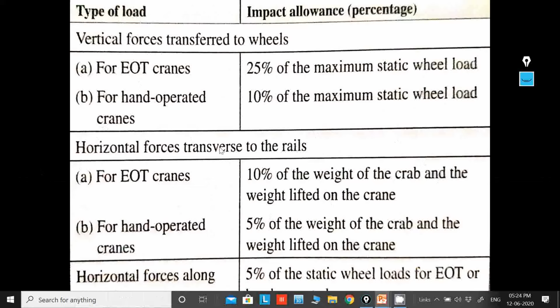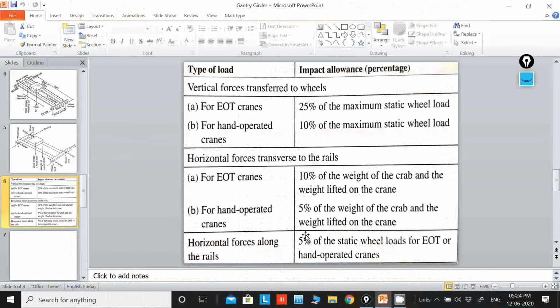So for surge load for electrically operated cranes, 10% of the weight of crab and the weight lifted on the crane, and for hand operated cranes, 5% of the weight of crab and the weight lifted on the crane. And the last one, horizontal force along the rails, is the braking load. We give an impact allowance of 5% of the static wheel loads for electrically operated and hand operated cranes.